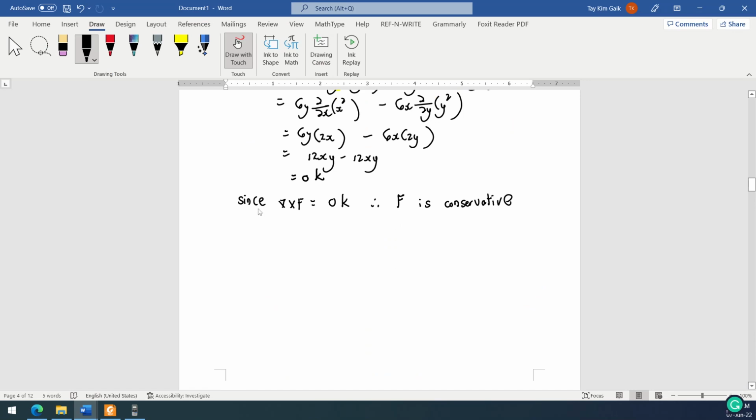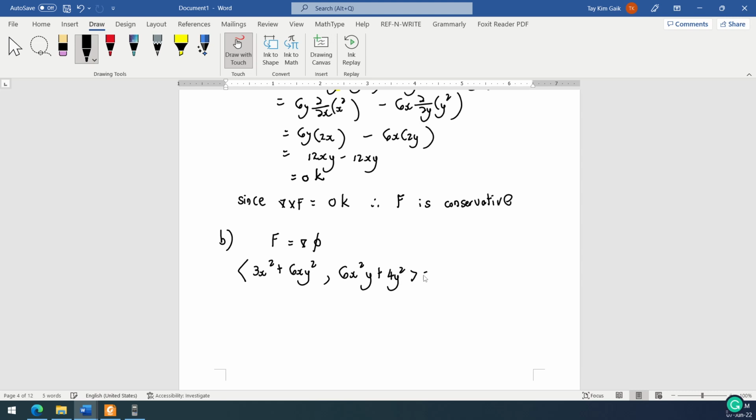Question B. When F is conservative, F equals del phi. So put up the F that we have: 3x squared plus 6xy squared for component i, component j is 6x squared y plus 4y squared.